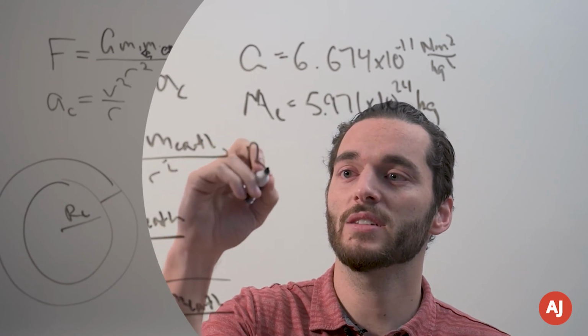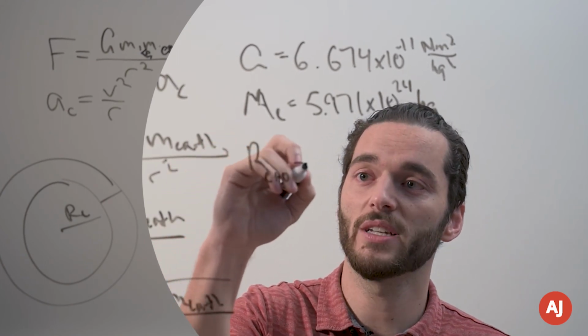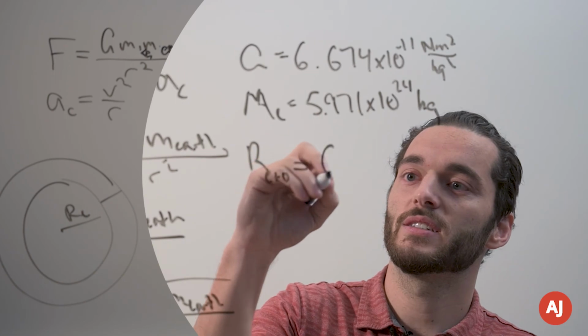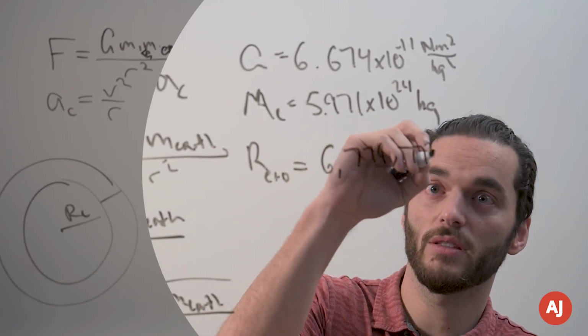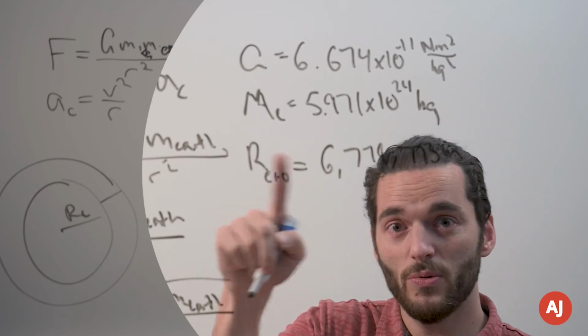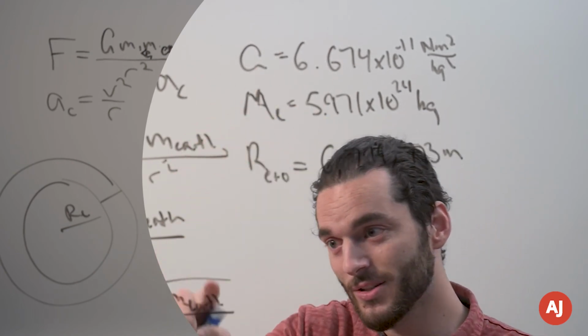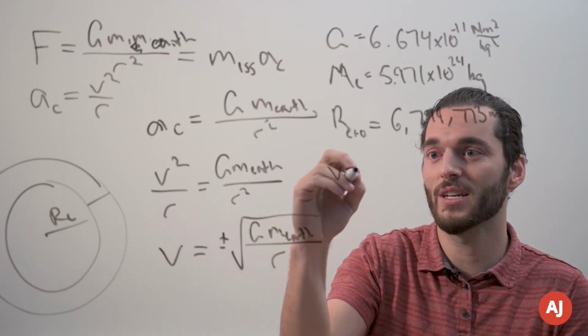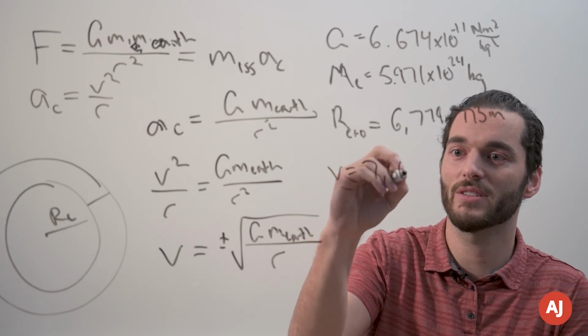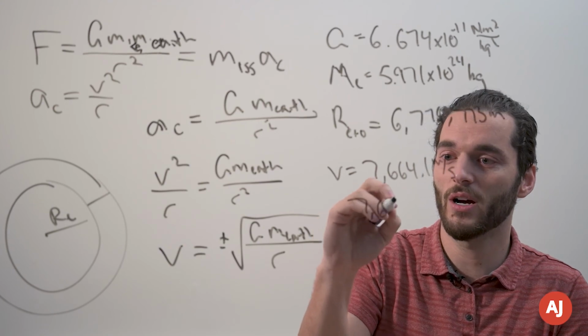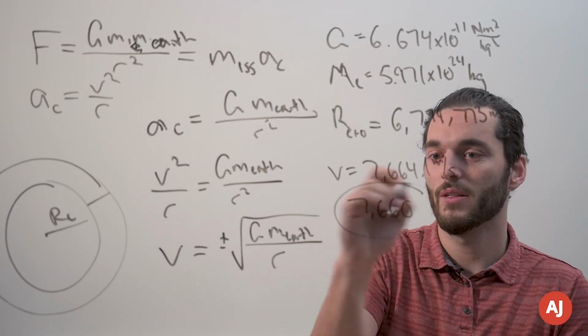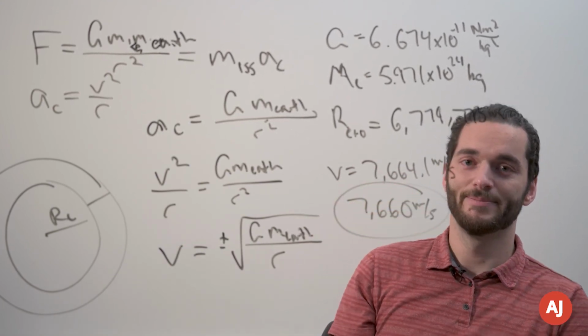And then the radius of the Earth plus the orbit is 6,779,773 meters. If you plug these in, you will get that the velocity is 7,664.1 meters per second, which is not far off from the number given by NASA.